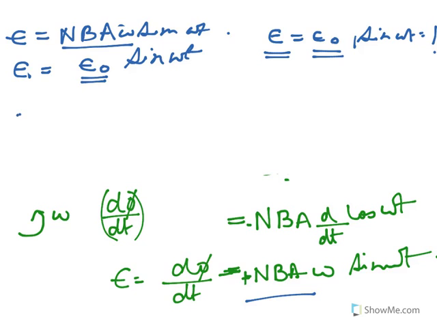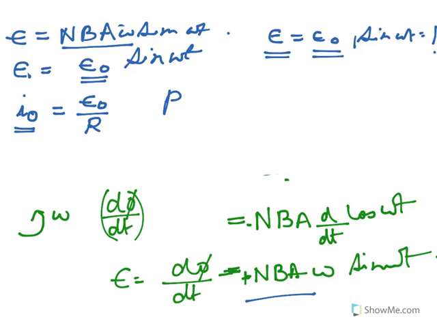Now, what is current? Induced current will be E0 by R if R happens to be the resistance of the coil. So I0 is the maximum current, which is given by E0 by R.